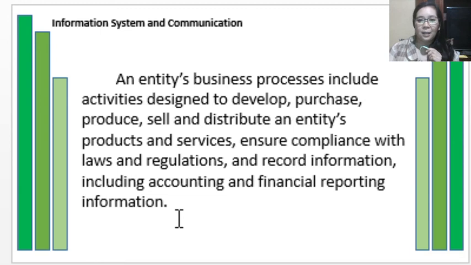An entity's business process includes activities designed to develop, purchase, produce, sell, and distribute an entity's products or service. This is to ensure compliance also with laws and regulations, and to record information, which includes accounting and financial reporting information. So this is the business process activities that should be captured and recorded in the FS of the entity.